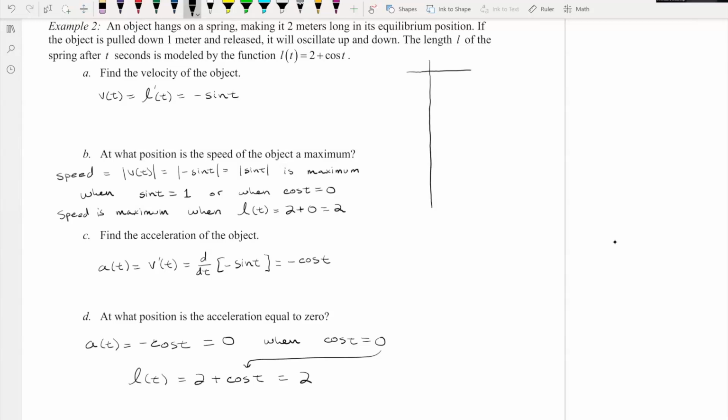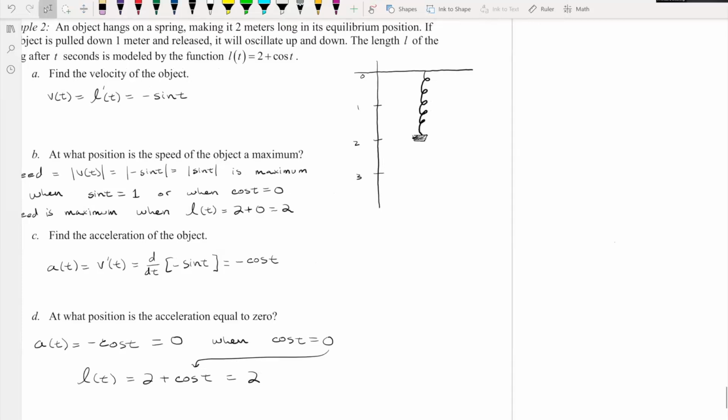If I've got an object hanging from a spring so that 1, 2, 3 are distances from here, which is obviously 0, and at equilibrium it hangs at 2 meters. So this object, there's my object, and it's on the spring, so that at equilibrium it's right there.